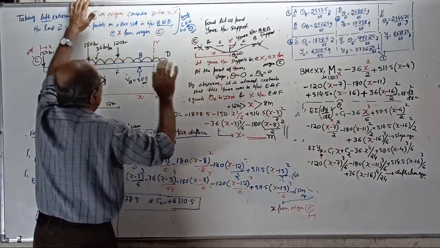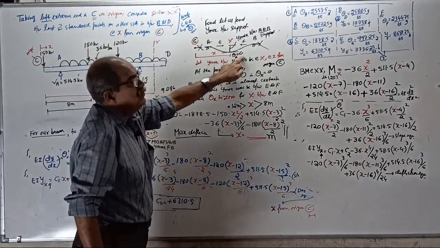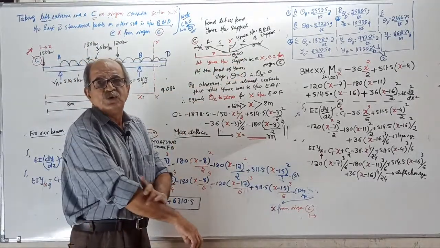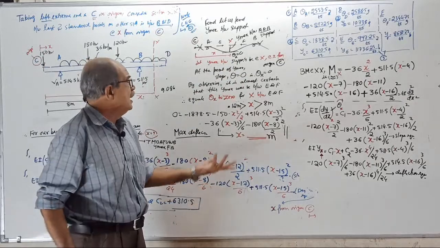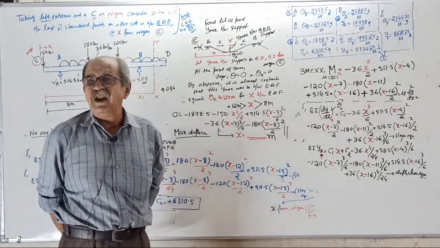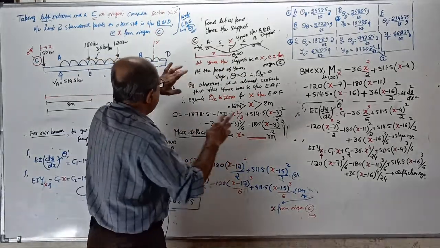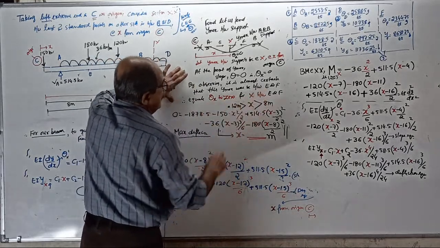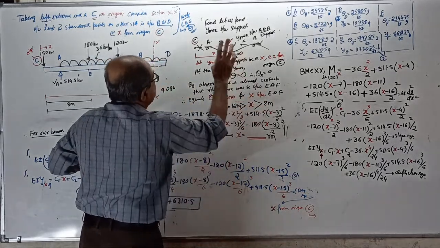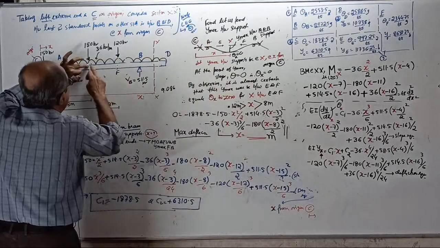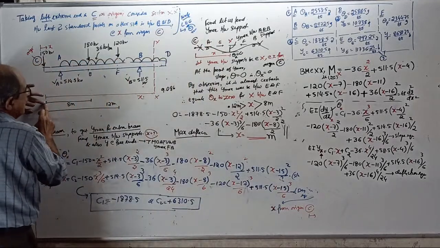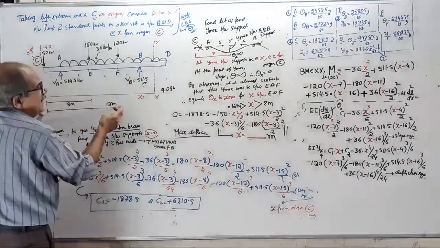Now, wherever deflection is maximum, slope equals 0. So this is the usual procedure. It is not the first time. We are doing this every day, every class. Equate theta x to 0 for x between E and F. When x is between E and F, your x has to come more than 8, less than 12.